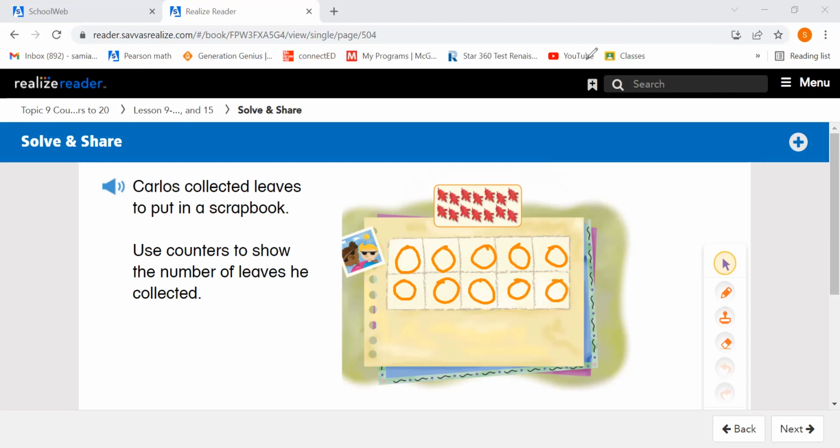We have 14 leaves. So if I have 10 counters here, I need to add 4 more counters. I will add 4 more counters in a new row. 1, 2, 3, 4. So this is showing 14 leaves.